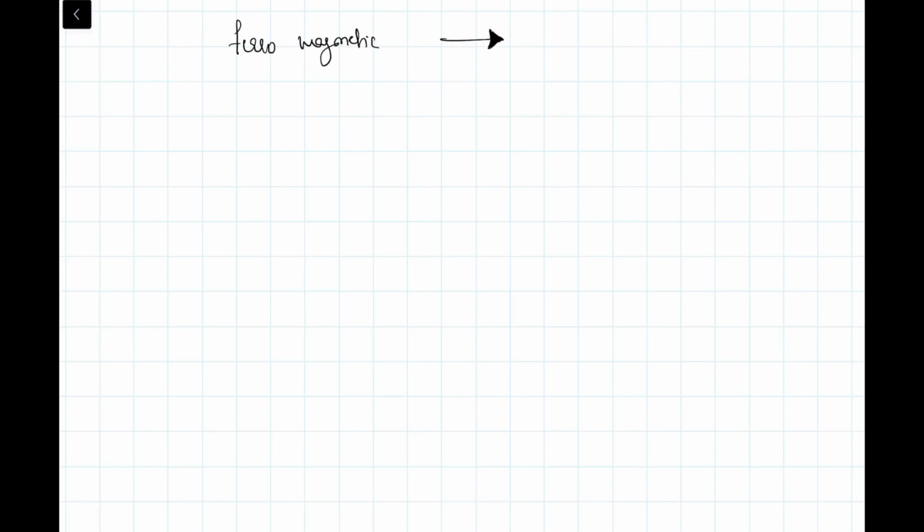Now when it goes to the paramagnetic substance, what is its specialty? Paramagnetic is weaker compared to ferromagnetic, and we know that ferromagnetic moves from weaker field to stronger field. In the case of paramagnetic, it does the same, it moves from weaker field to stronger field.